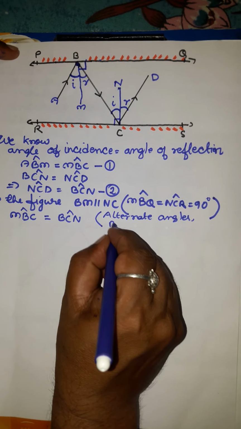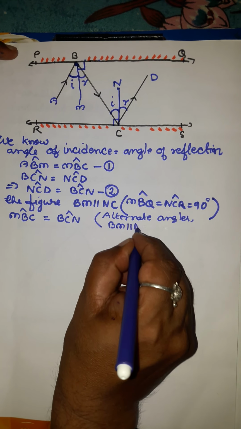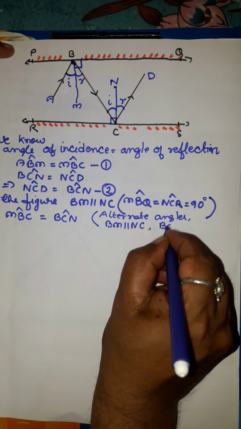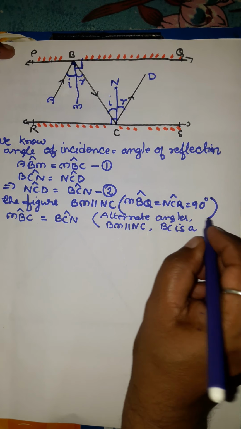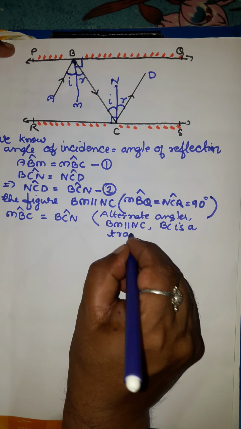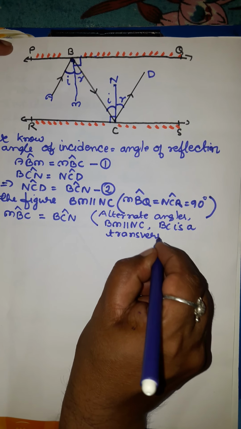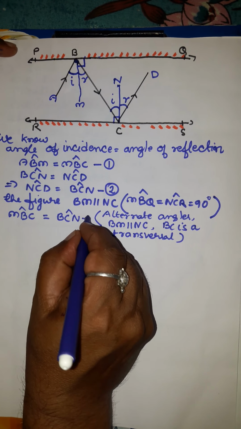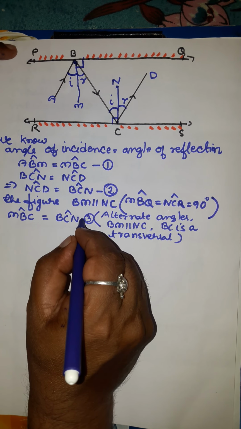Because BM is parallel to NC and BC is a transversal. So angle MBC is equal to angle BCN. Call this equation 3.